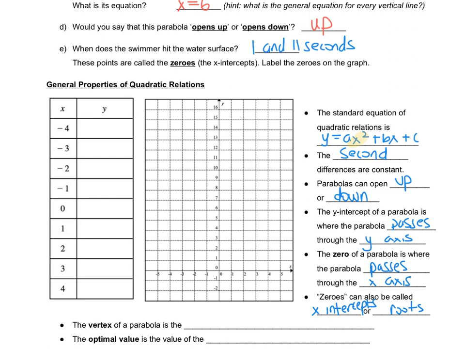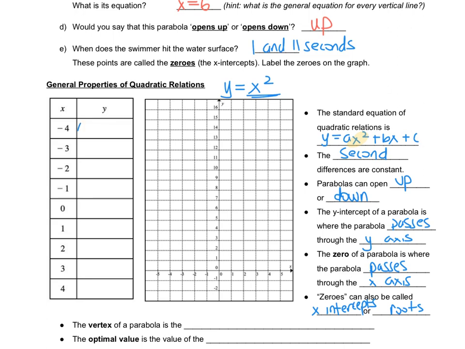Now, I'm going to draw the most basic parabola we have, and that most basic parabola is y equals x squared. So we're going to create a table of values for that equation. I'm going to take all of these x values here from -4 to 4, and plug them into this equation, which just means I'm going to take each x value and raise it to the power of 2.